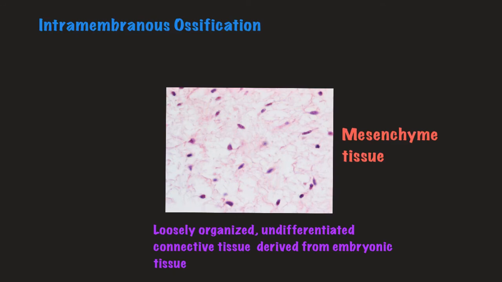So in order for intramembranous ossification to occur, we need a sheet of this mesenchyme tissue that has condensed in the area. Again, these bones are not very thick. They're pretty thin bones, so think about that compared to other bones we'll talk about with a different type of bone formation.